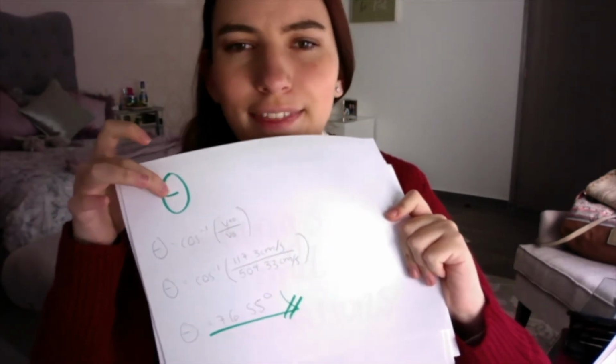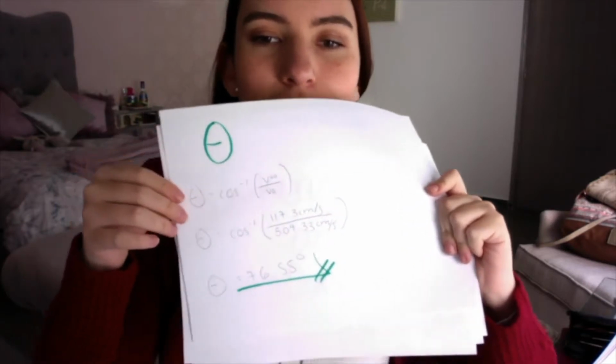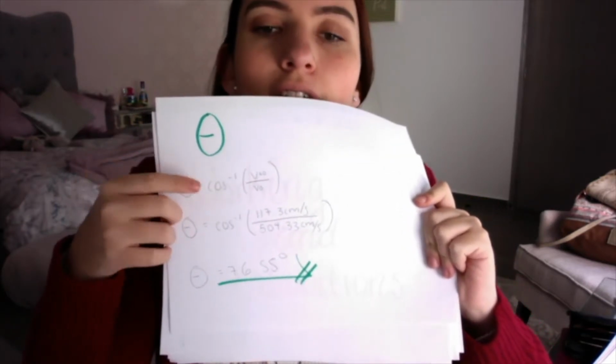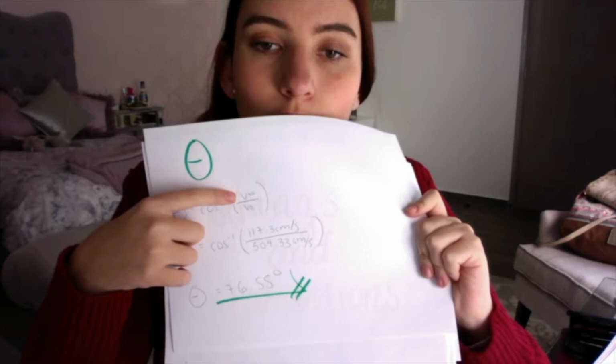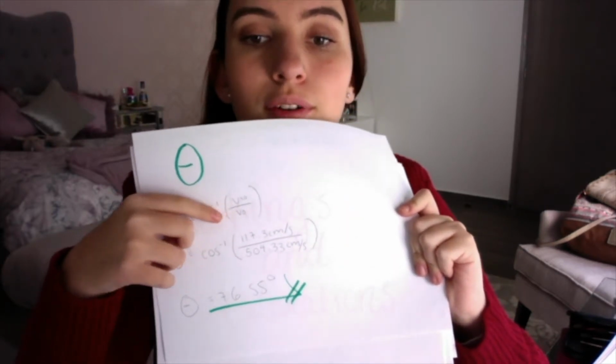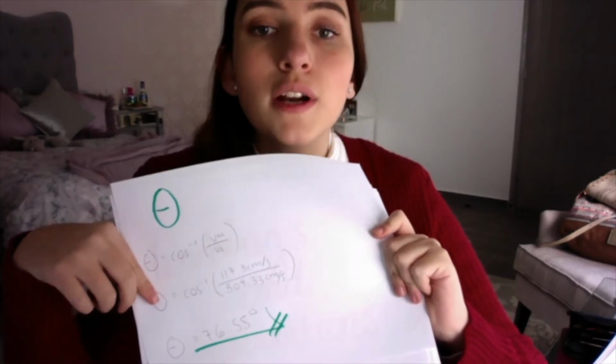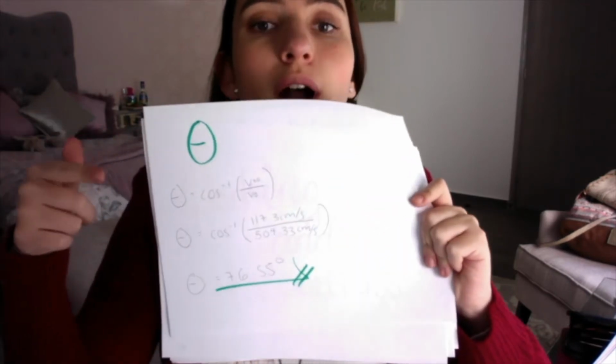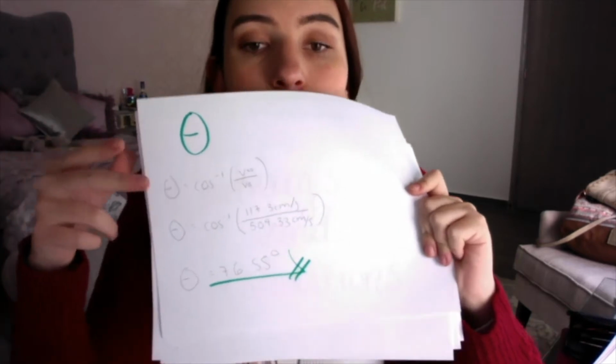Then, and last, we calculated the beta, the angle. We did it with the formula cos minus 1 of Vxo over Vo. We already have these quantities from before, so we only needed to substitute them.